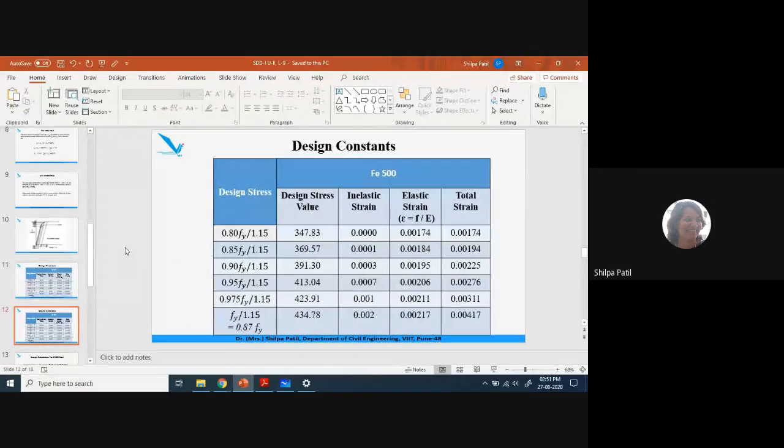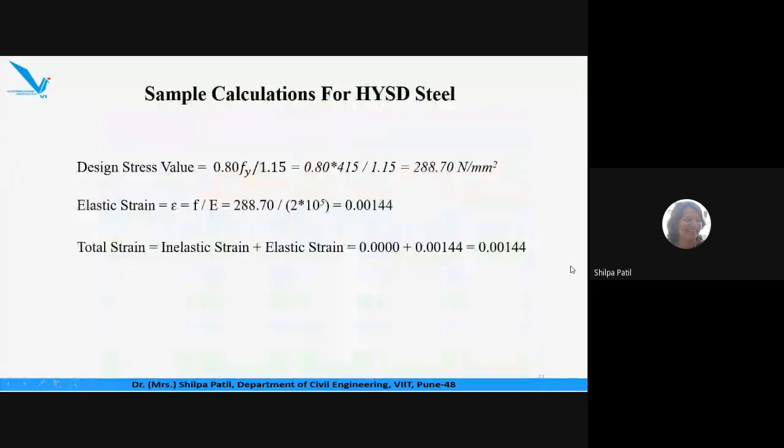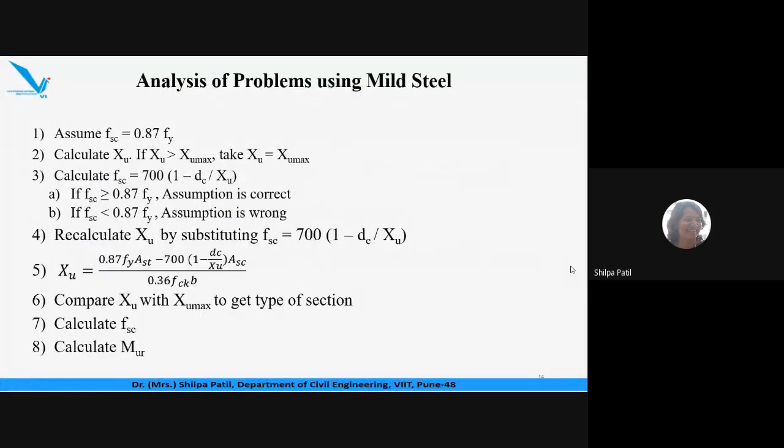Okay. So we have prepared the table and you have got a fair idea how to find the total strain in the case of HYSD bars. Now let us move to the next point, that is how we do the analysis of the problems. Obviously the method of calculating the fsc value, that is the stress in compression steel, is different for these two grades of steel. The way of analysis of the problem is also different.